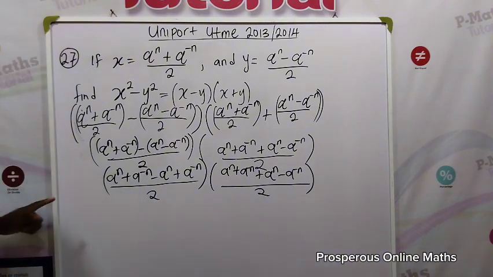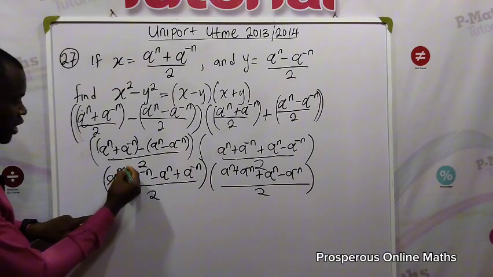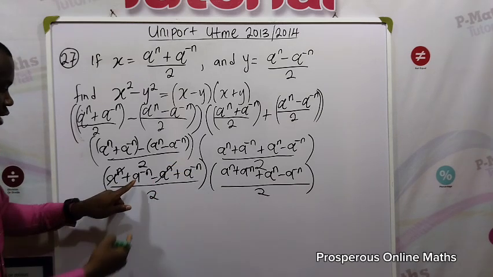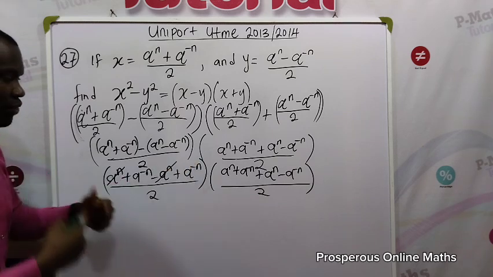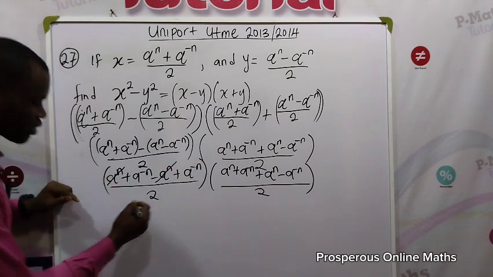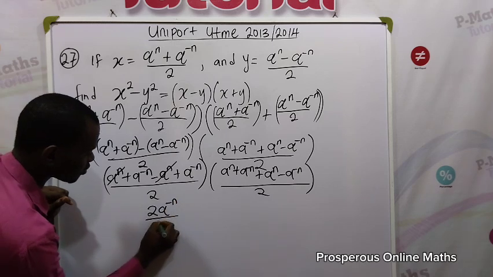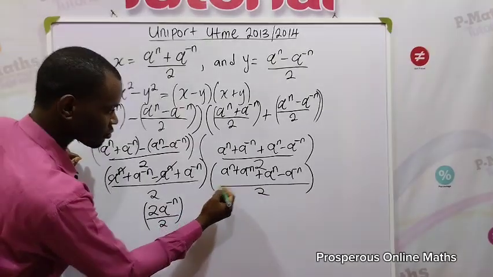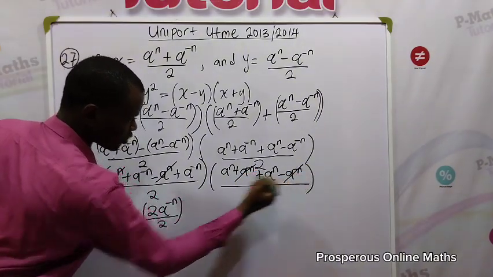Now the next thing I want to do is to simplify further. You observe that a raised to the power n, we subtract a raised to the power n because we have subtraction. Then a raised to the power minus n plus a raised to the power minus n, they are same, so we add the both of them. That gives us 2 a raised to the power minus n. Then over here, a raised to the power minus n, we subtract a raised to the power minus n.